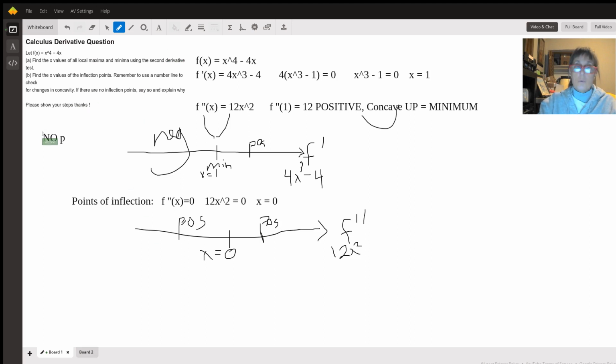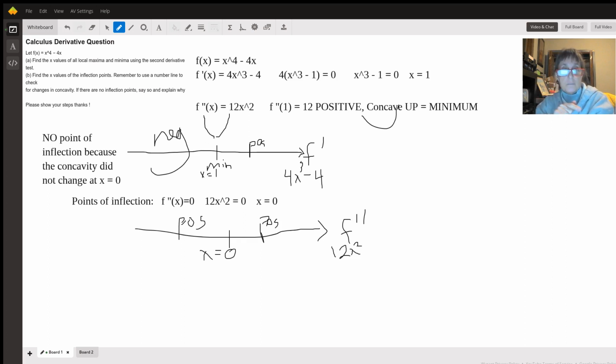There is no point of inflection, and it's because the concavity did not change at x equals 0. It's concave up on the left side of x equals 0, and it's concave up on the right side of 0.